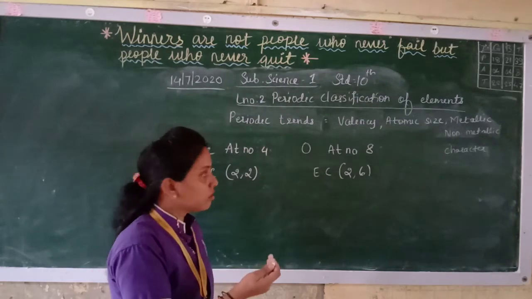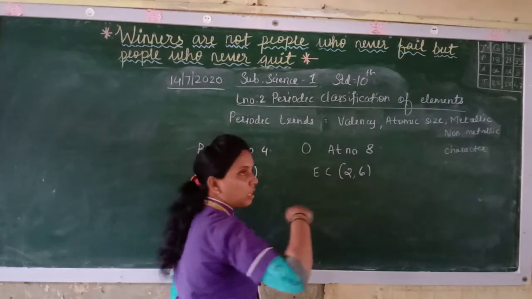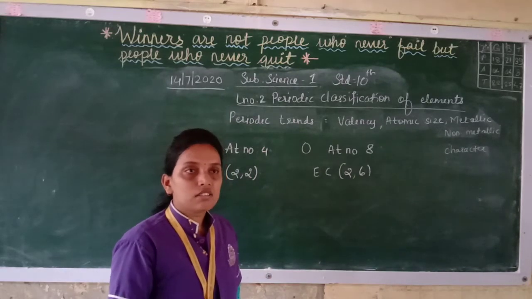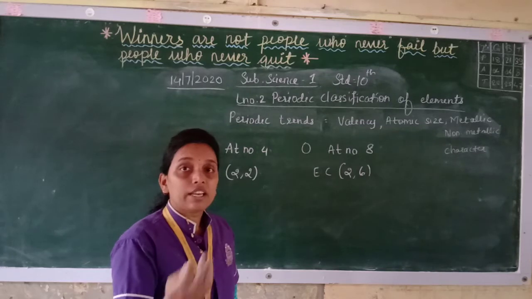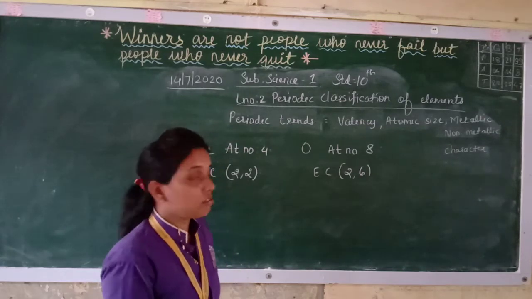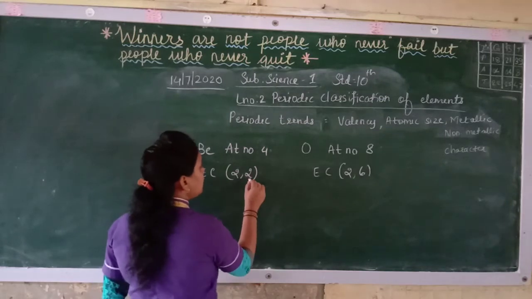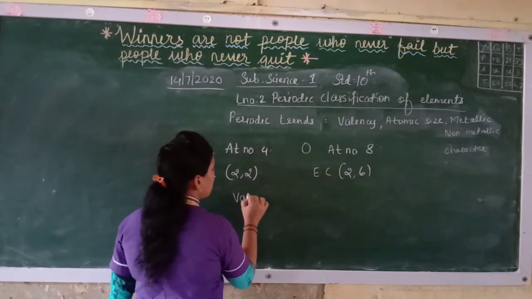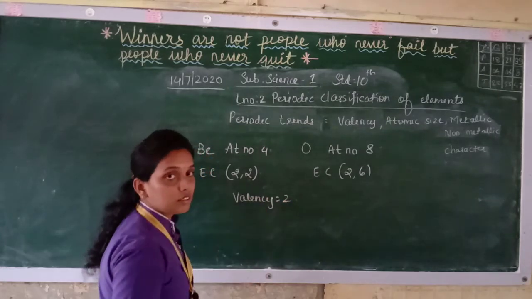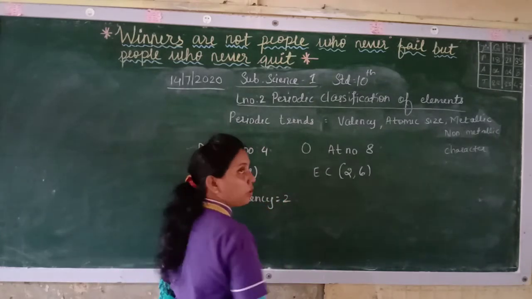But if it is after 4, that is 5, 6, 7, 8, in that case it will accept electrons because it is not possible for it to donate so many electrons. So here the valency is 2, because the last shell has 2 electrons, and it will give away 2 electrons.